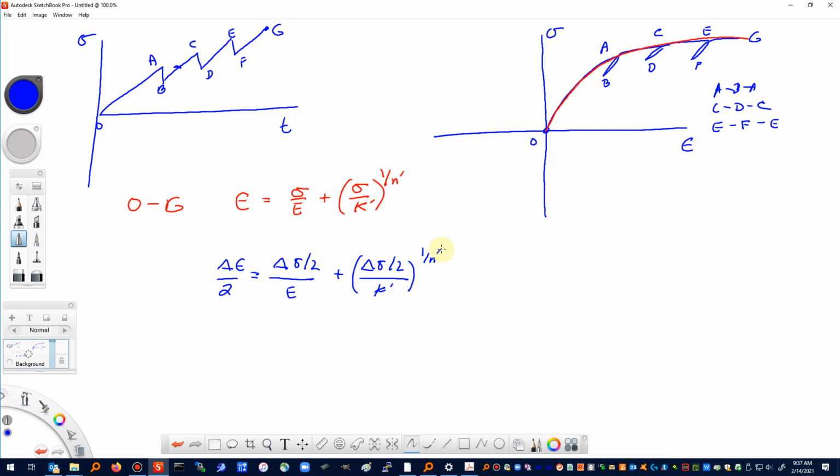Now here we have to be a little bit careful about what we use for our values for delta sigma. For the loop ABA, we would use AB for my delta sigma.